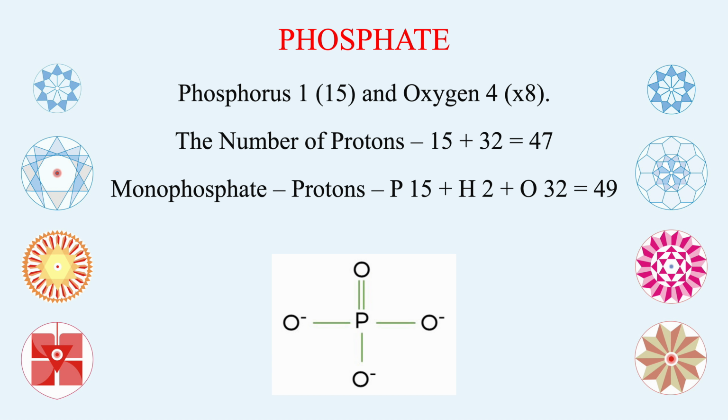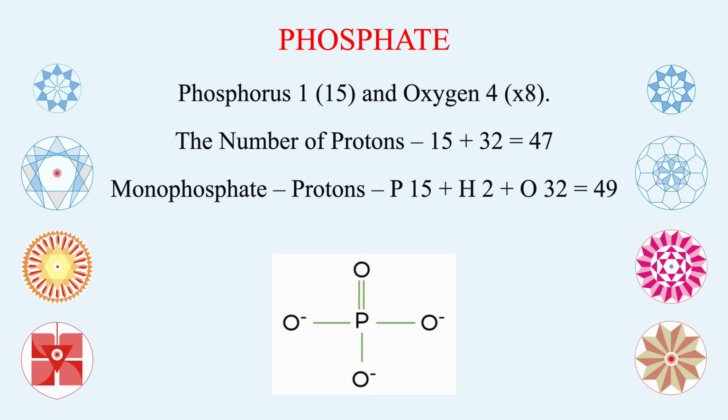Now come to the phosphate molecule. Phosphorus has 15 protons and oxygen has 32 protons. I'm bringing the concept of protons in a new way to understand divine mathematics very clearly. If you take phosphate as such, you have only 47 protons.